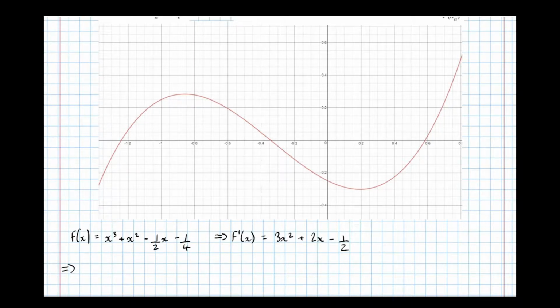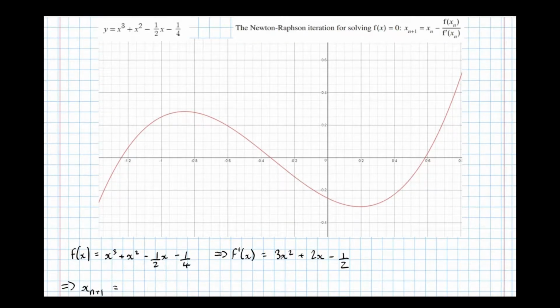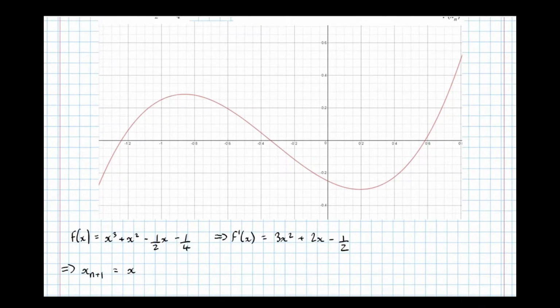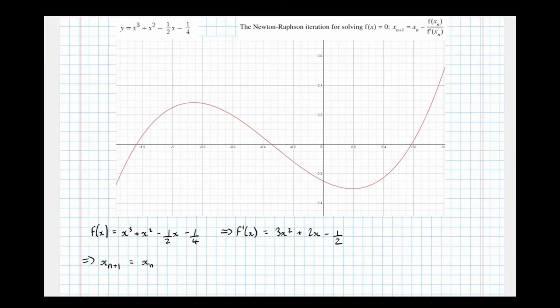So this means that the iterative formula that we're going to use is xn plus 1 equals, and looking at the formula here, it's xn, take, I'll zoom out a little bit so you can see the formula still. We've got f of xn on the top, so f of xn is xn cubed plus xn squared, take, and I'm not going to write half xn, I'm going to write 0.5, I'm going to put it in decimals.